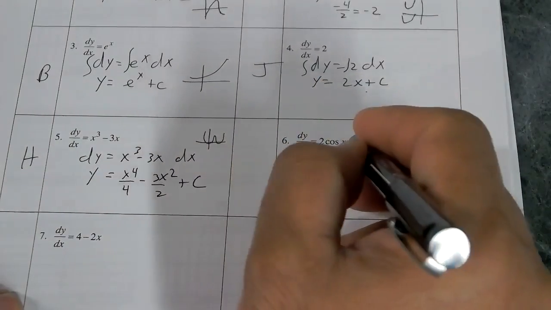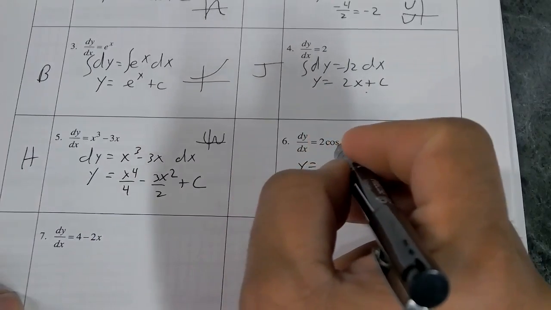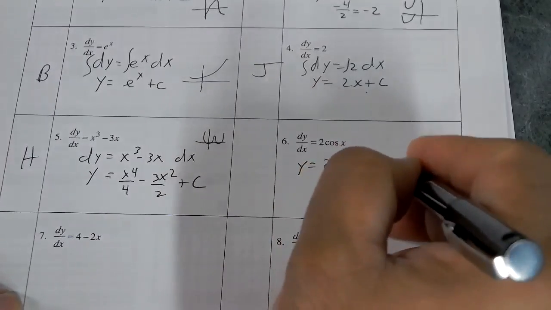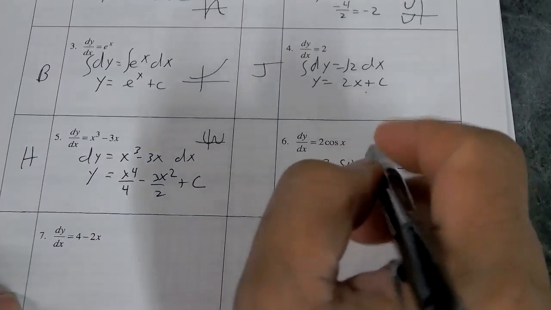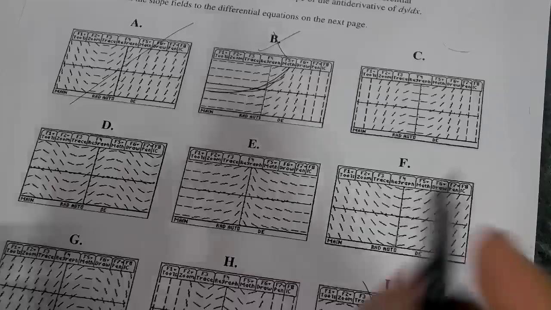Can I just jump in? This is going to be over here. So if I integrate, I get y. The integral of 2 cosine x is 2 sine x plus c. Okay. Oh, remember that's the curve. Remember we were talking about d. So h is gone.